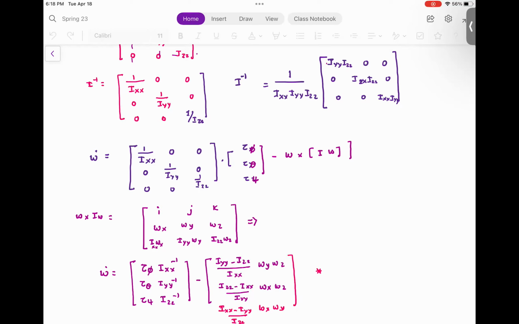To solve this cross product, you need to expand this matrix: i times omega y Izz omega z minus omega z Iyy omega y, minus j times omega x Izz omega z minus omega z Ixx omega x, and the last term k times omega x Iyy omega y minus Ixx omega x omega y.